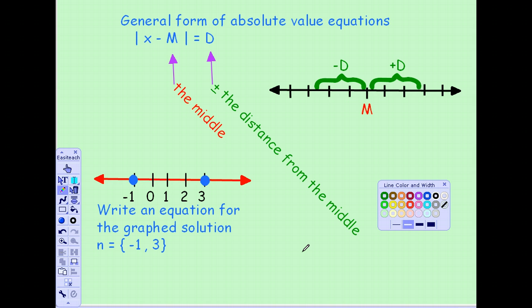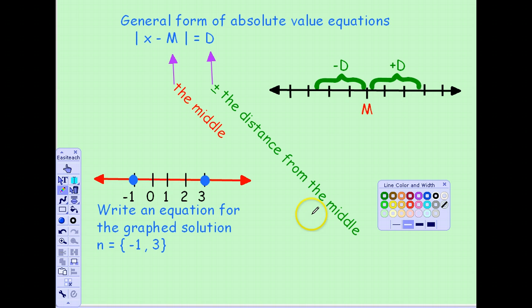In this, d is going to be the plus or minus distance away from the middle. So you're going to start at the middle and then you're going to go forward however many spaces, our d distance, and backwards the same amount of distance. So you're kind of representing that absolute value being a positive and a negative and looking at that equal distance apart.